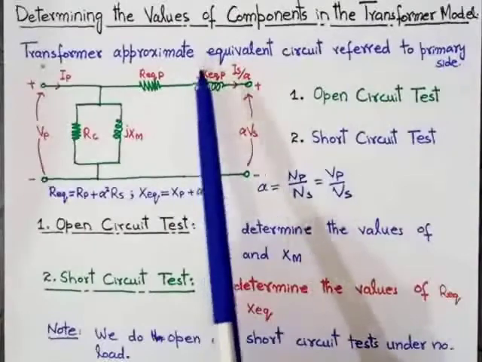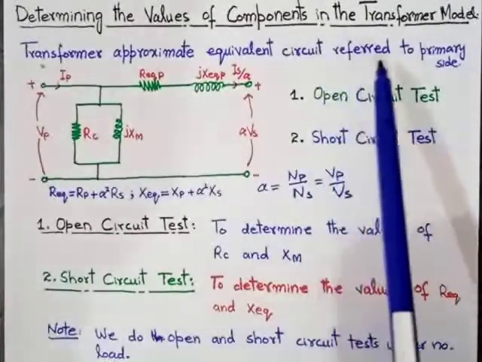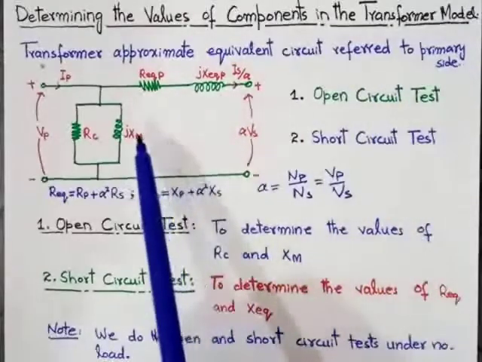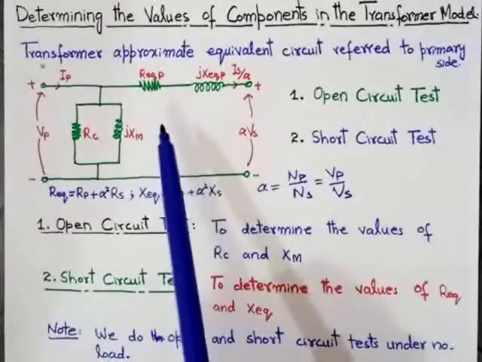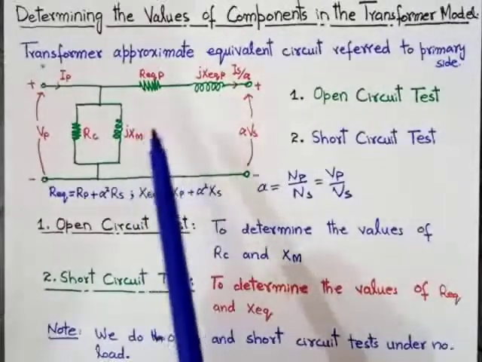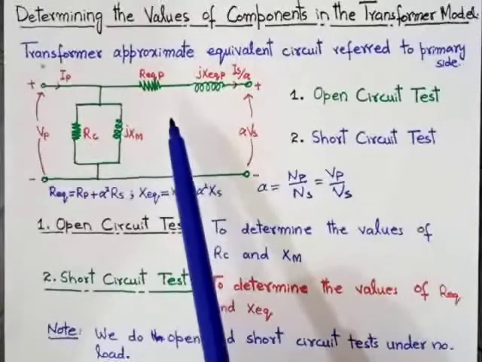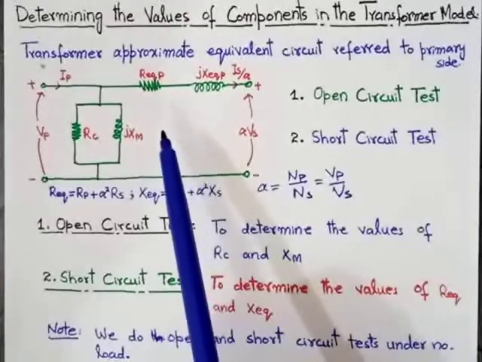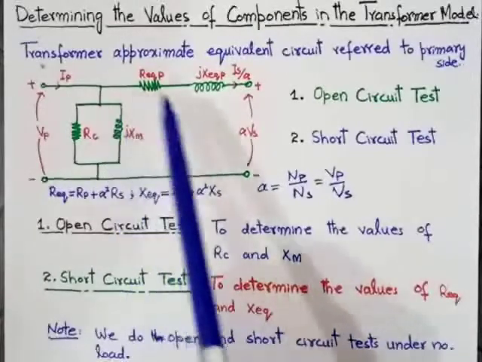The approximate equivalent circuit of the transformer referred to the primary side is shown here, as we have already discussed in the last week's lectures. As you can see in this diagram, there are different types of parameters.